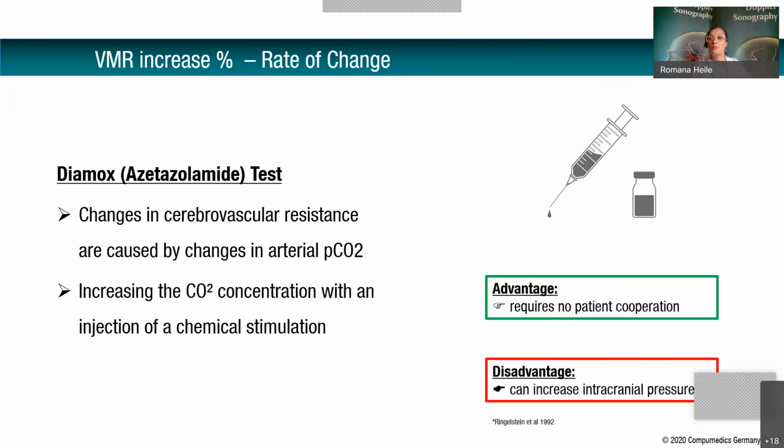The doctor has to prepare the patient for the injection, and then as soon as the doctor starts to inject the Dimox, a marker has to be set, and then the injection has to be done very, very slowly, and then the examination has to be recorded for approximately 5 minutes, or let's say for 5 minutes, in order to have the correct test information.